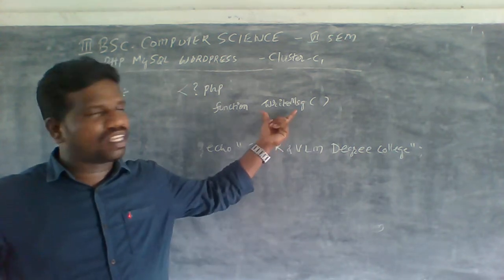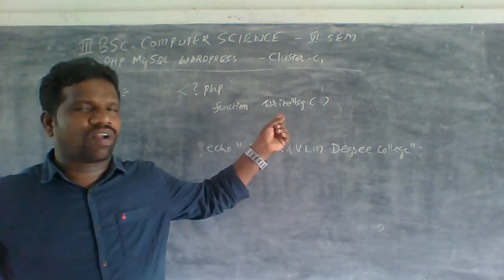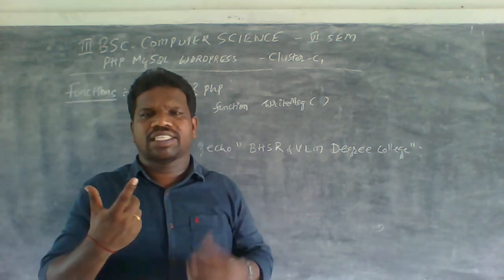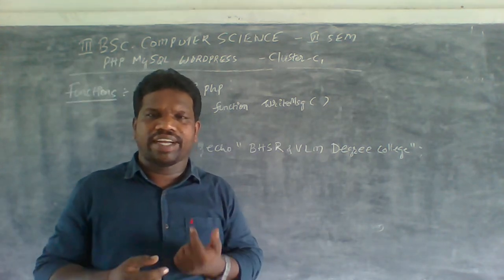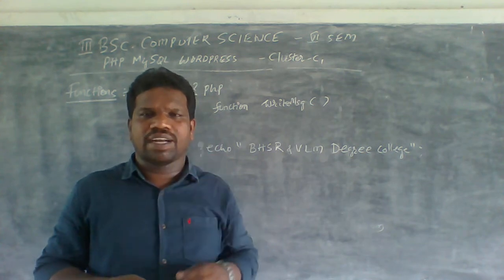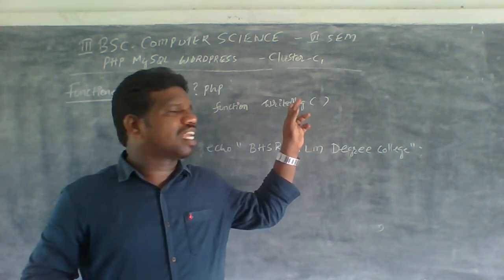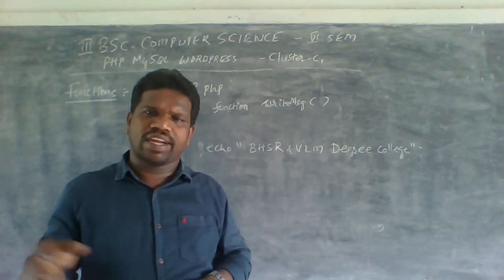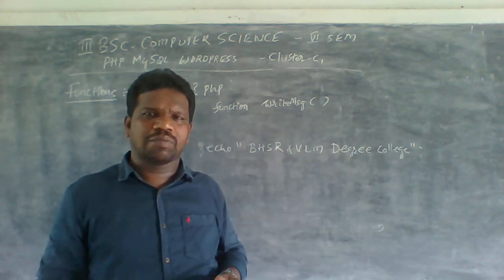Here I'm using two words, write message. Write is the first word and message is the second word, so the M should be a capital letter. If you want to write any code here, you can use your own name or desired names, whatever it may be.